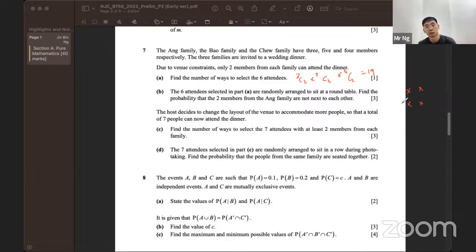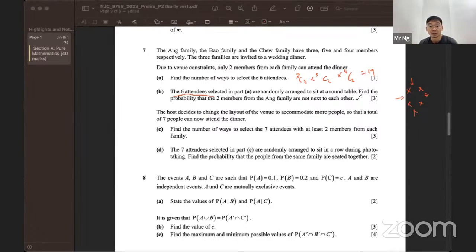Not next to each other. Do we still have to consider who is who? But they already say the 6 are selected. So these are fixed already.